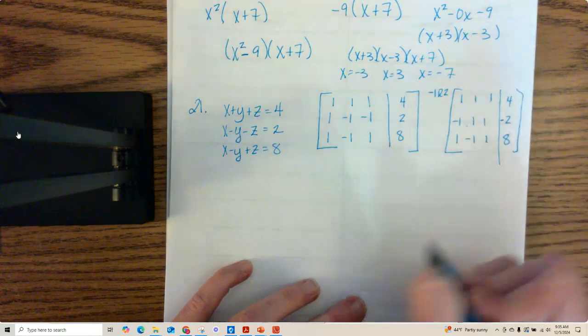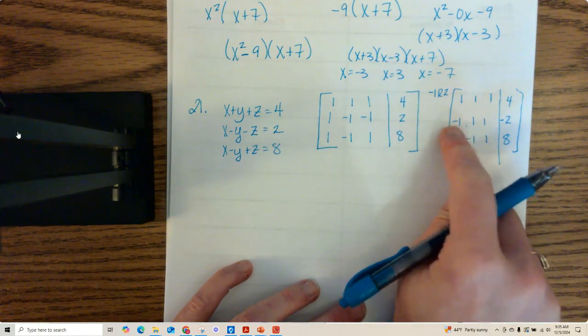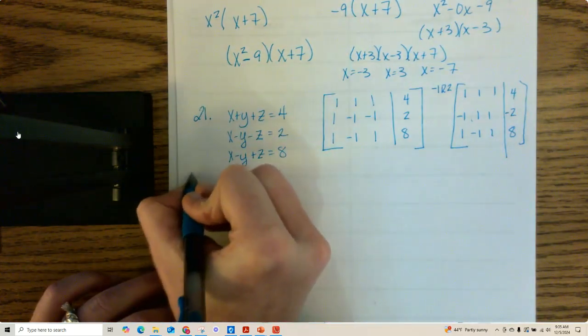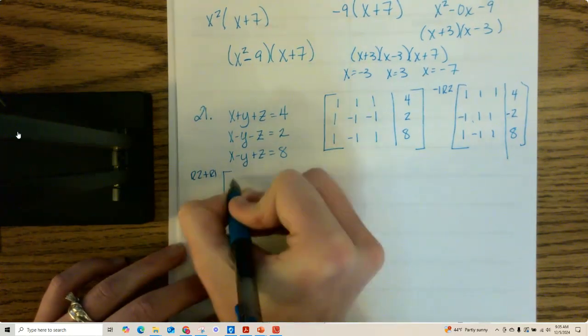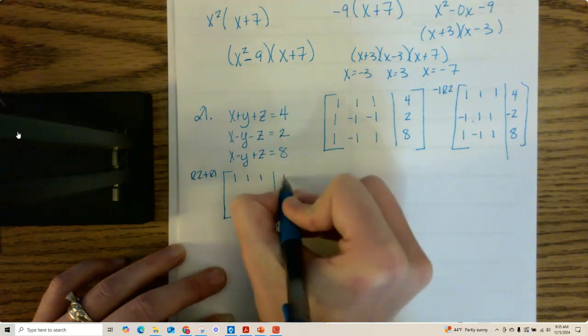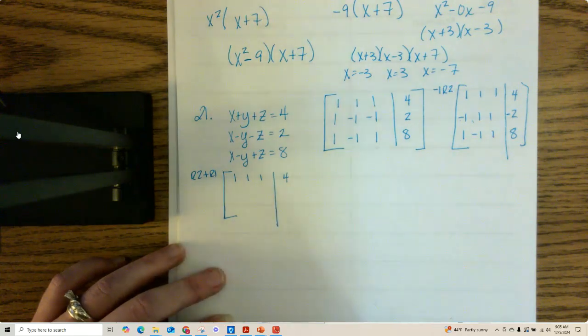And so that gets the 1 there that I need. To get the 0 here, I should be able to do now row 2 plus row 1. So row 1 is going to stay the same. -1 plus 1 is a 0. Nope, that's not going to work.